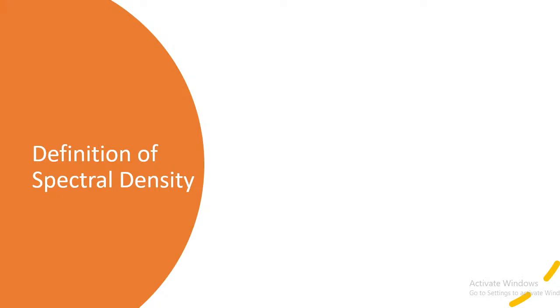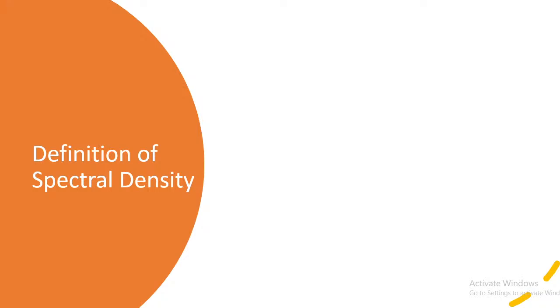These are the frequencies where the signal component exists. At other frequencies between omega and 2 omega, suppose 1.5 omega, there is no signal component. So the frequencies at which the signal exists are determined by this. What is the amount of signal that is there?